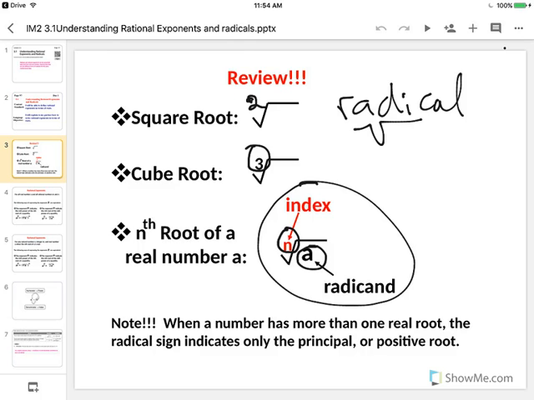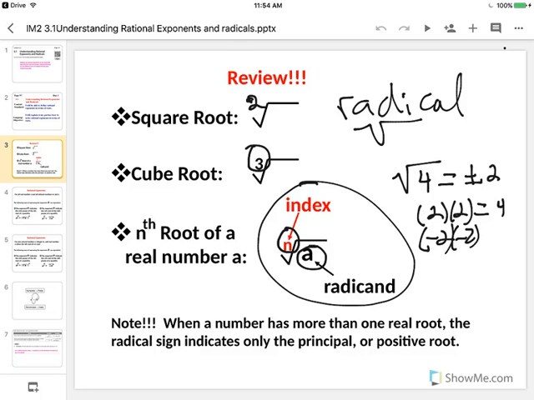So for example, we can have the square root of 4. Well, this could be plus or minus 2. The reason for that is that 2 times 2 will give us 4, or negative 2 times negative 2 will also give us a 4. But when we have the square root of 4 by itself, we only want the principal or the positive root.